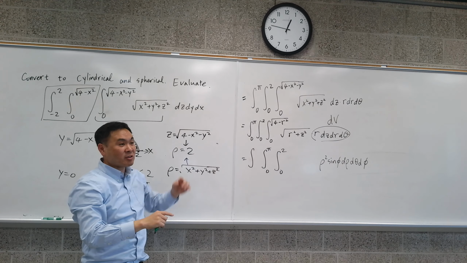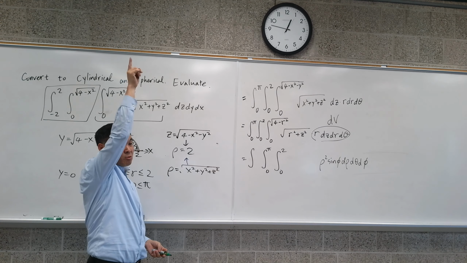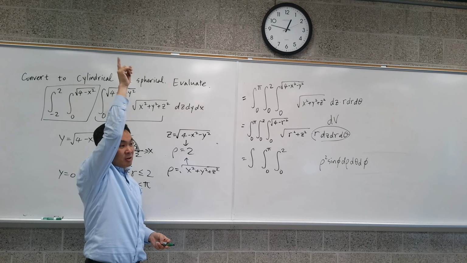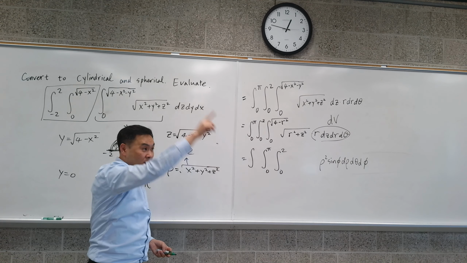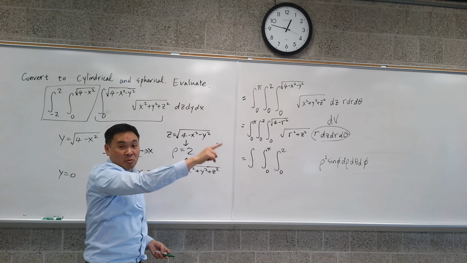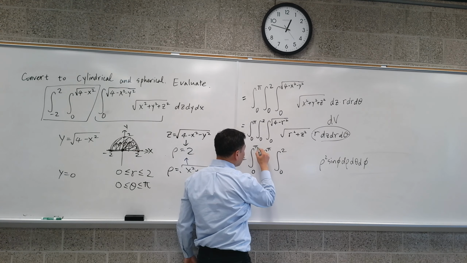Now we have to represent every point inside this dome. How do you do it? Angle phi is north pole. Do we have something on the north pole? Yeah, we have something that's right on top. How low does it go? Until the equator. Equator is angle what from the north pole? 90 degrees from the north pole, which is pi over 2, right? So phi goes from 0 to pi over 2.